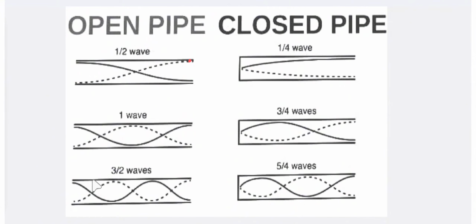So one wave is formed, then 3 by 2 lambda, that is 1 lambda and half the lambda.